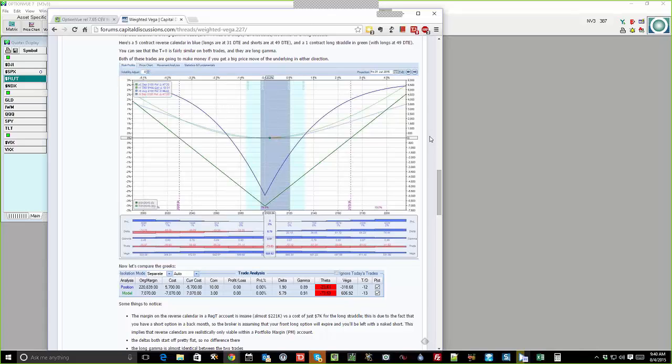And I've heard through some people that trade hedge funds and all this kind of stuff that they have very, very expensive software that's exclusive just to them that does all the weighted Vega calculations for them, which is not available to the retail public. So I'm sure there are many very advanced models of doing weighted Vega. We just don't have access to it for now. We just have access to this simple formula, but even the simple formula is going to give you more accurate results than what the software shows.